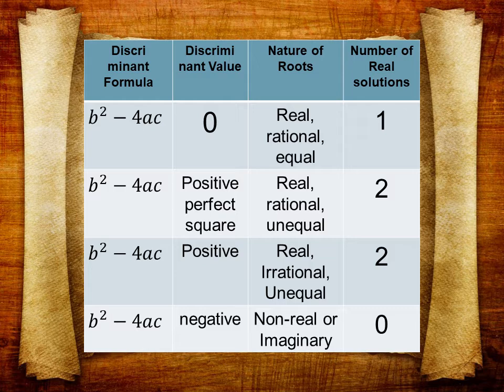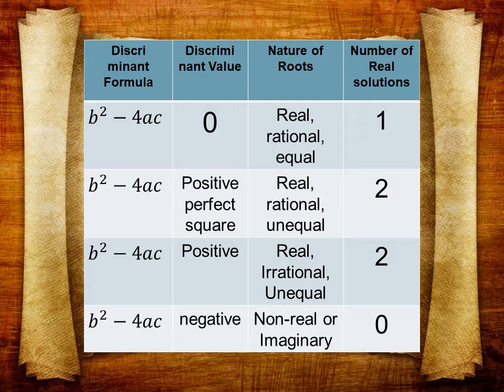If they are non-real or imaginary, they don't belong on the number line. Therefore, your number of real solutions is 0. You have no real solution. So don't forget this table as your guide for your answer.